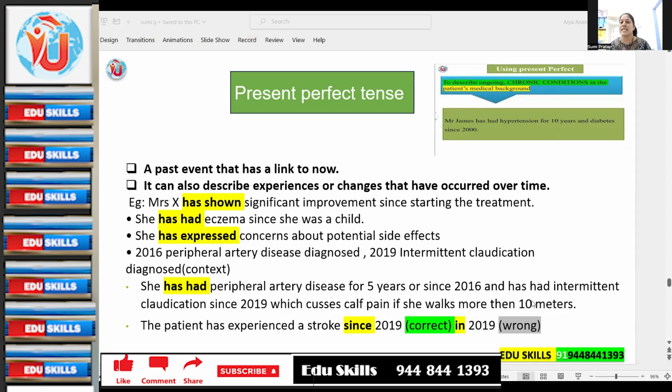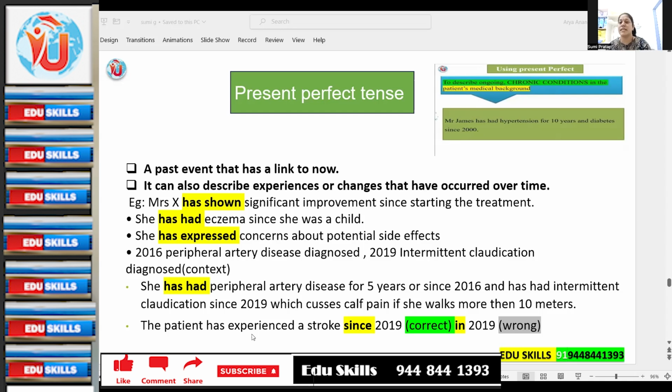Okay, the patient has experienced a stroke since 2019. This is correct. But "in 2019" is wrong. In 2019 means it's already completed, so we cannot tell it now. So this is wrong. We can use this when we remove it, then we can tell the simple past tense, in 2019.